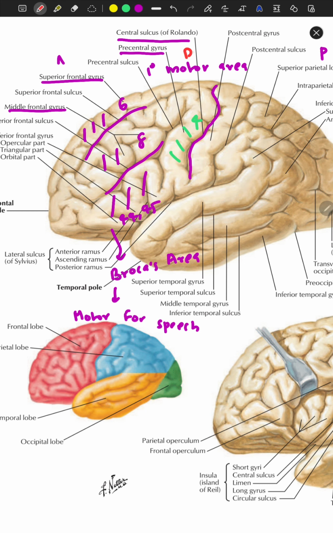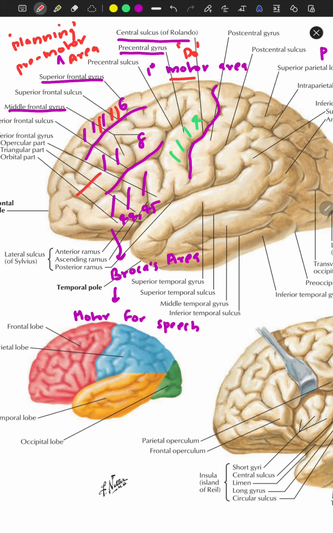For doing a motor function, the primary motor area is required. Whereas the superior frontal gyrus is also called the premotor area, and for planning a motor movement, this premotor area is required.